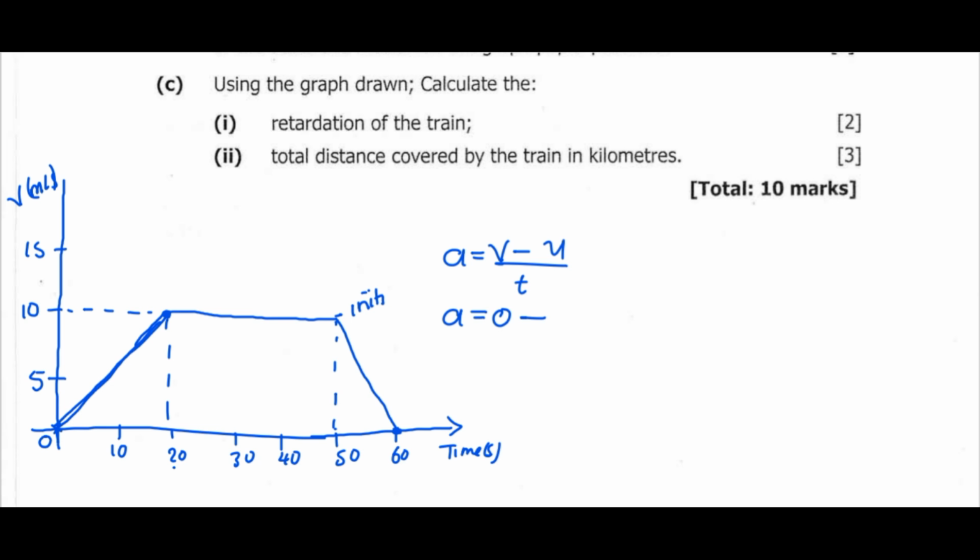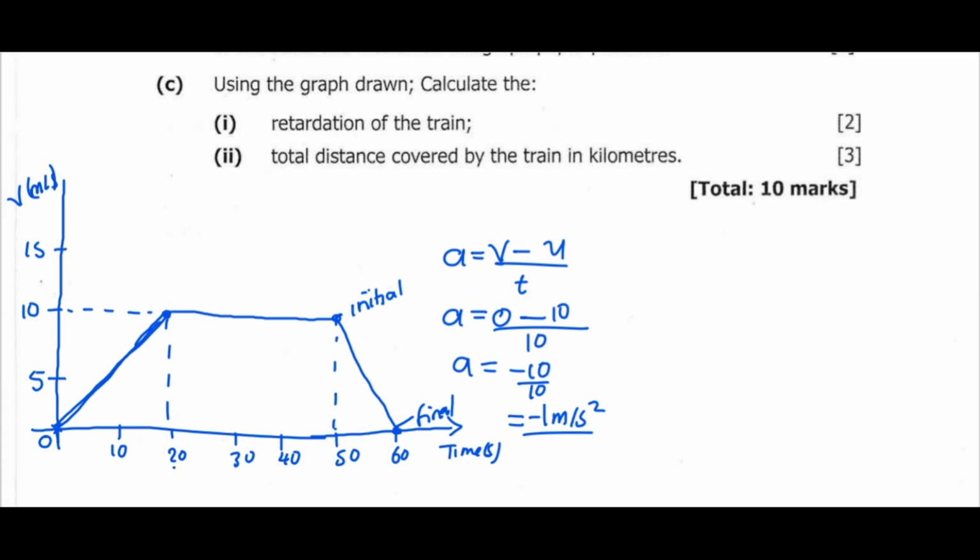The initial is 10, and the time is 10. So 0 minus 10 is negative 10, over 10, which gives negative 1 meter per second squared.